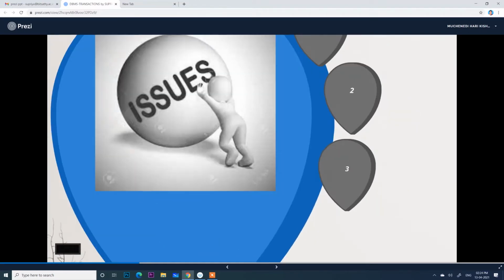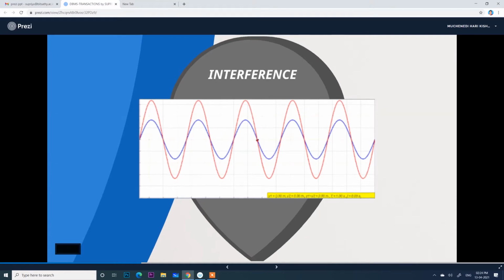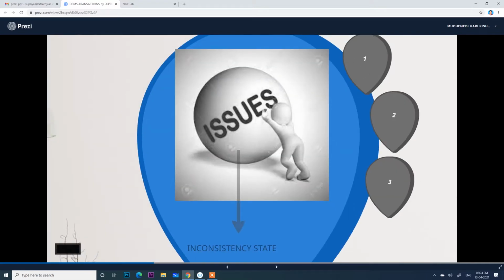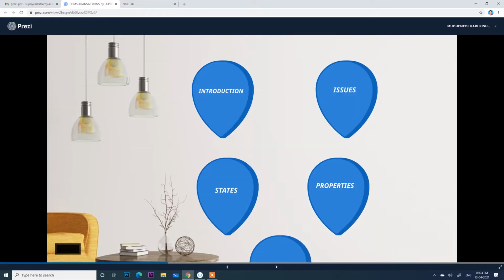Or sometimes other operations which are running in parallel may interfere with the current operation, resulting in wrong data. All these issues lead to an inconsistent state, that is, whether we have the data or we don't have the data. It leads to a confusion state.